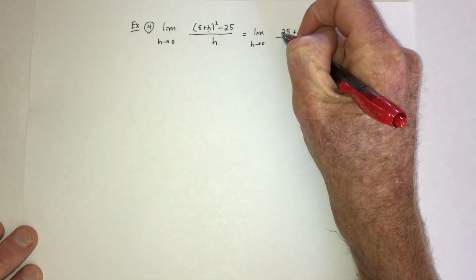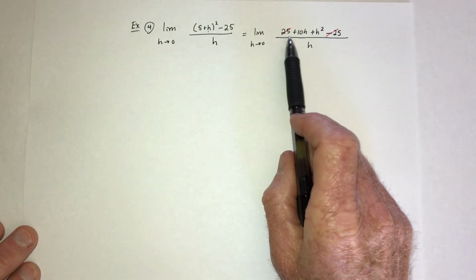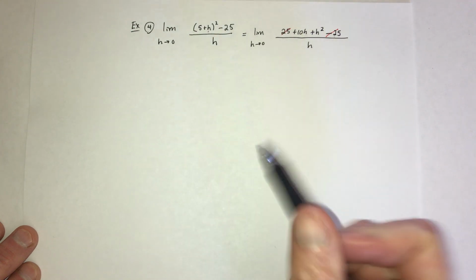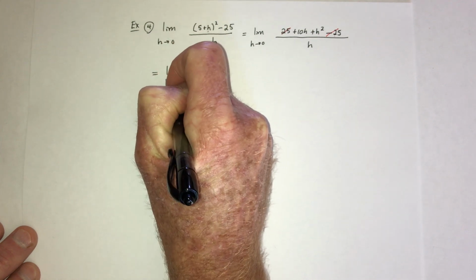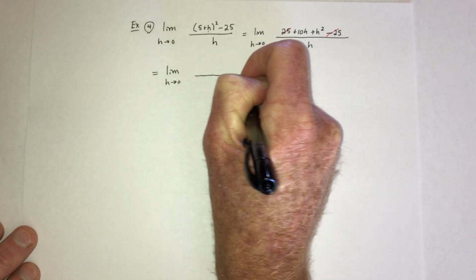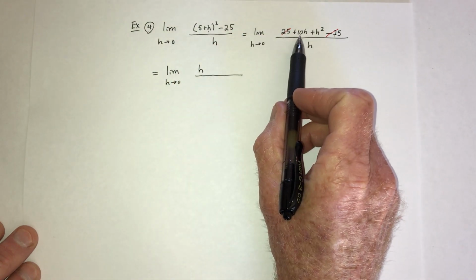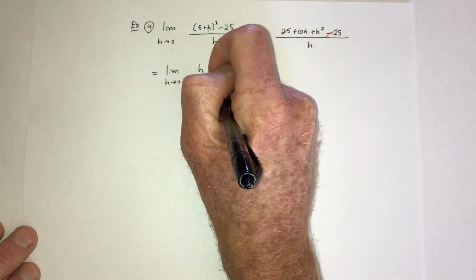Then this positive 25 and this negative 25 could cancel. Once those have canceled, notice that this has an h and this has an h. So on the numerator, I could factor out an h. So if you factor out an h, right here it's just going to leave 10, and right here it's going to leave plus an h.